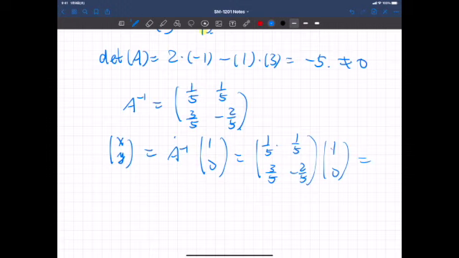This is this times this plus this times this, which is, wait a minute, this times this times this, so this is 0. So the first element is 1 over 5, and the second element is 3 over 5. Therefore x is equal to 1/5 and y is equal to 3/5. So we have solved these simultaneous equations.